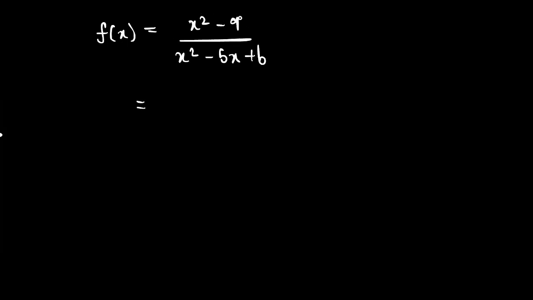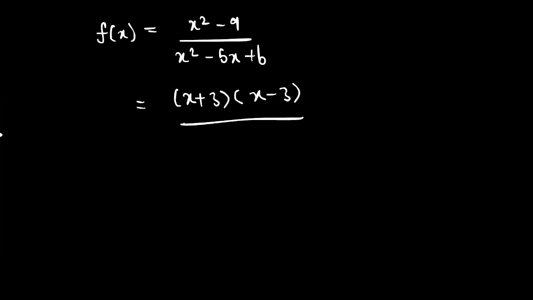In order to factor the numerator, we can quickly see that this is an example of a difference of squares expression, which means that we can factor it into x plus 3 and x minus 3. Now, this denominator we factor much like we did the other problem. Again, we try to find which numbers multiply to positive 6 and add to negative 5.